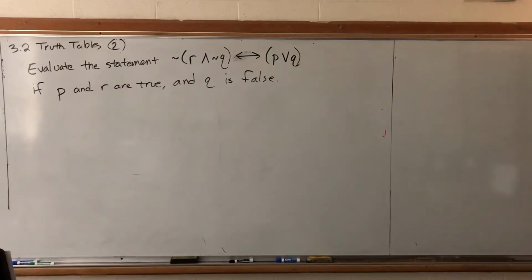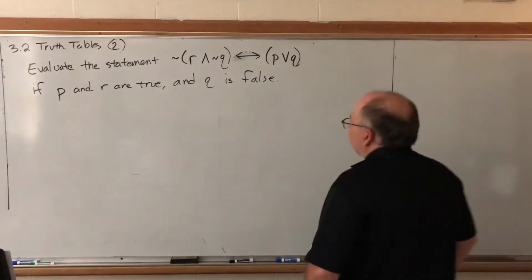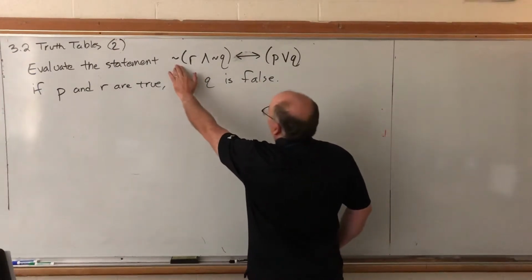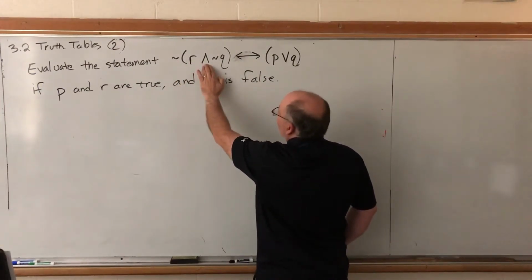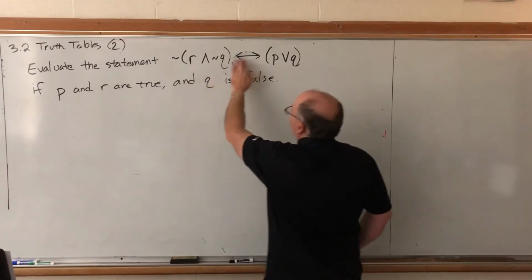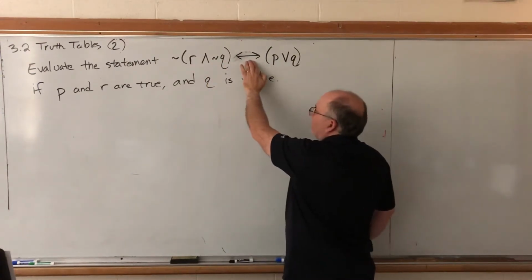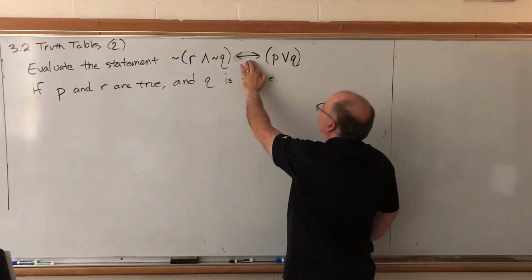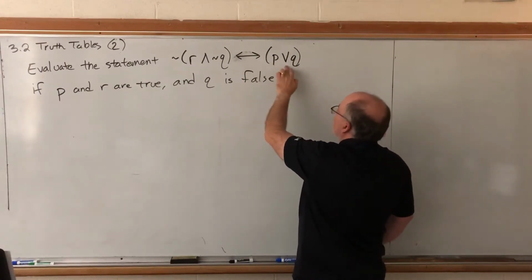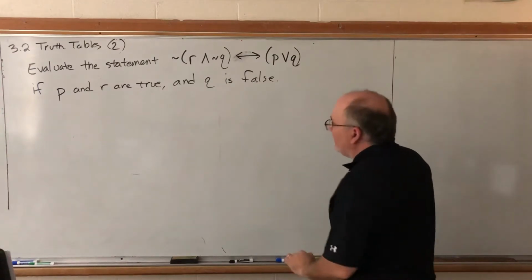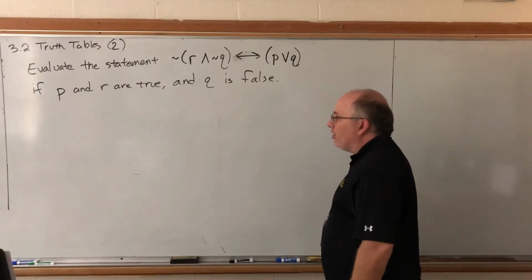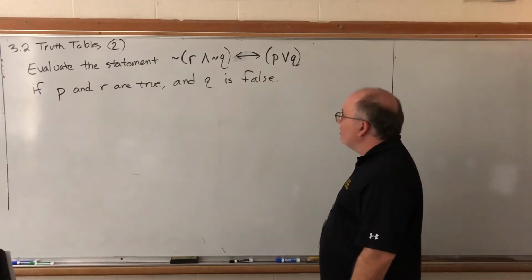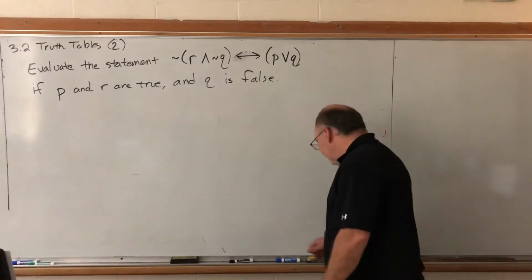For example, let's evaluate the statement, the negation of the conjunction of R and the negation of Q, biconditional, P disjunction Q. If P and R are both true and Q is false.